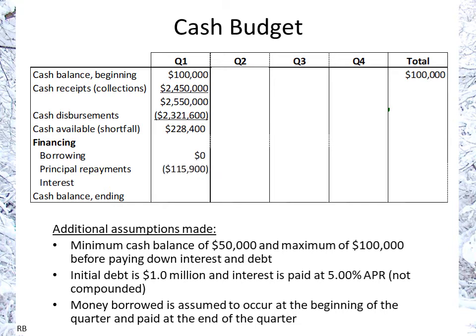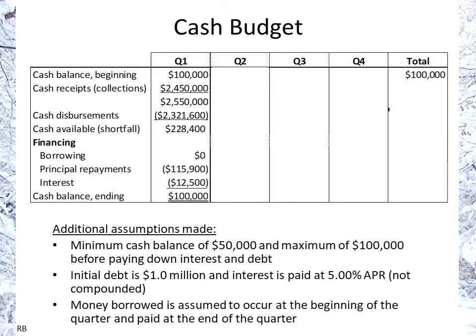So we will be paying back 115,000 in principal, and the interest we calculate as 1 million times 5% times 3 months out of the 12, but that's 12,500, and so that gives us an ending balance of 100,000, which is our desirable maximum before paying off some debt.